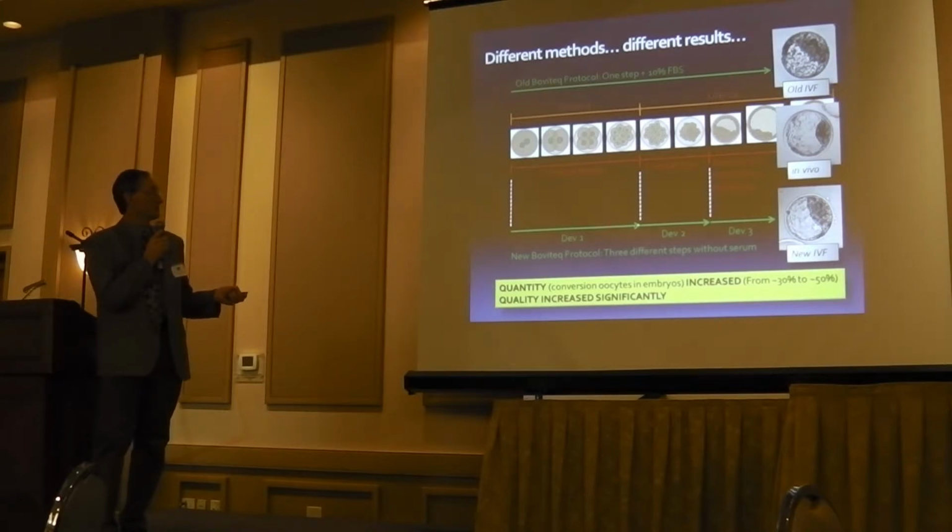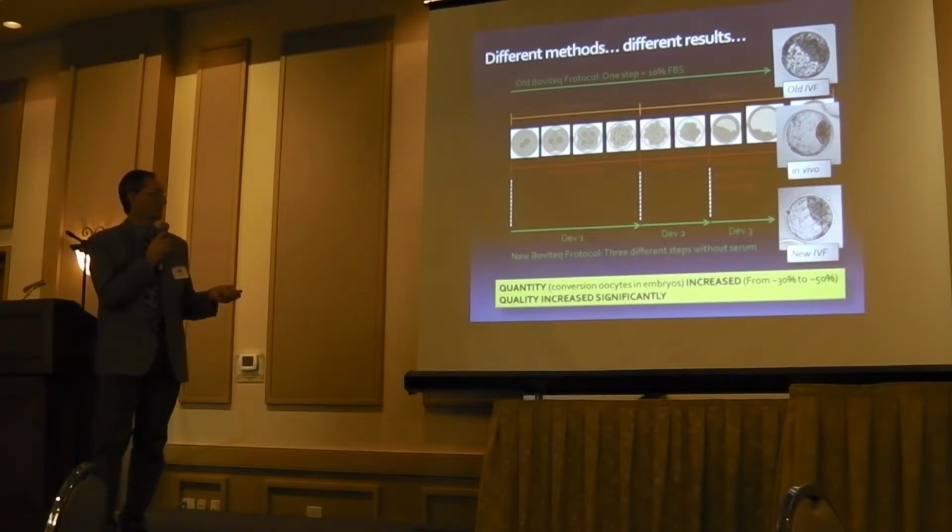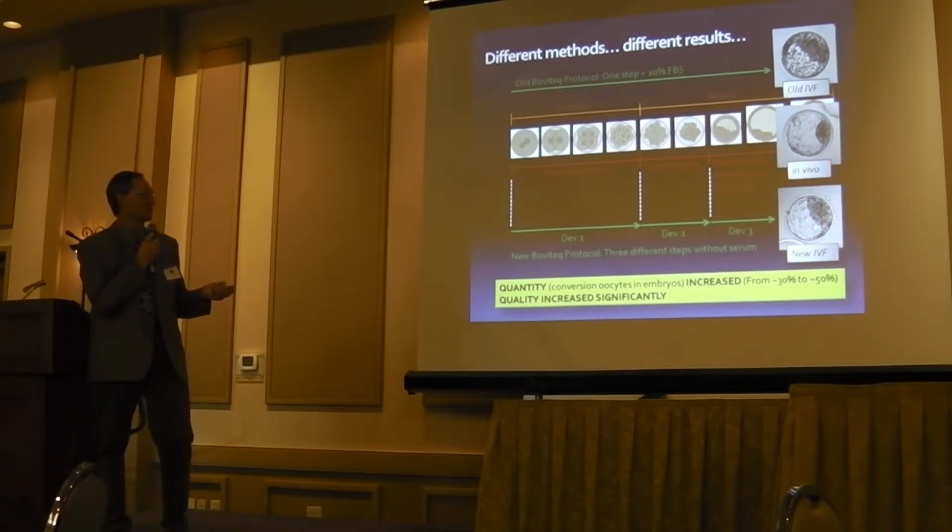Right now, they're staging it, and they're basically mimicking some of the events that occur in the oviduct, but also now changing it to the part of compaction and the part of expansion and hatching. And by running it into 3 separate medias with slightly different criteria, they've been able to produce an embryo now that's what they would consider a new IVF embryo that is much closer to what we're used to looking at on the in vivo side.